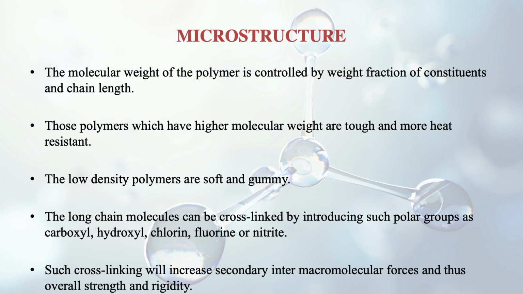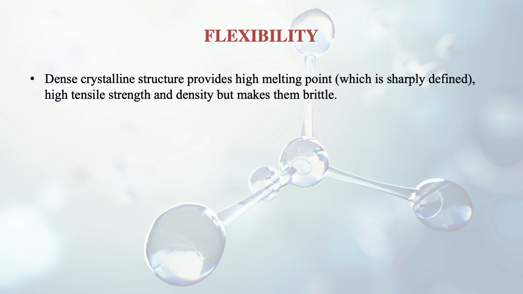Now we talk about the flexibility of these polymers. So there are dense crystalline structures which provide high melting point, and that is also very sharply defined in the case of polymers, and they have very high tensile strength and density. But all these things, actually dense crystalline structure with all these good properties, it makes it somewhat brittle also.